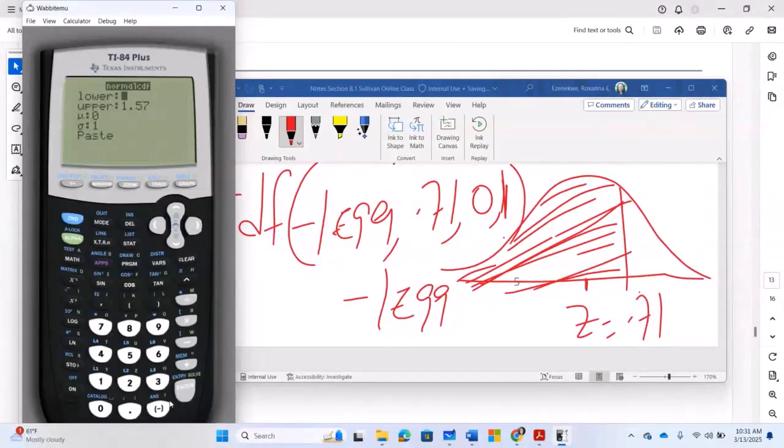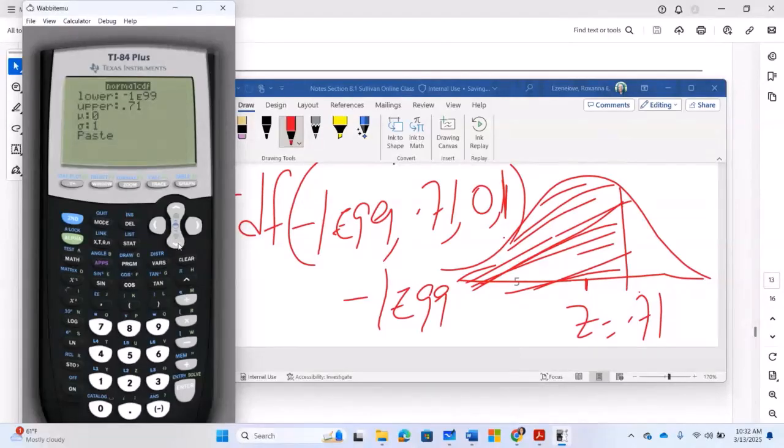So negative infinity is negative 1e to the power 99. And then the z value of 0.71 is 0.71. The mean of a standard normal is 0. The standard deviation of a standard normal is 1.